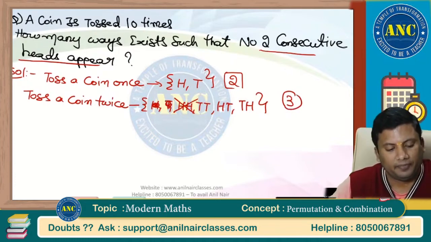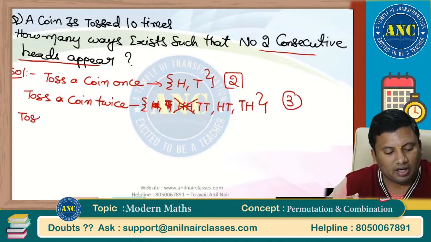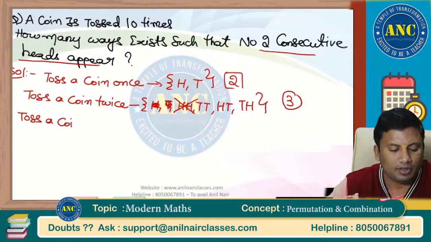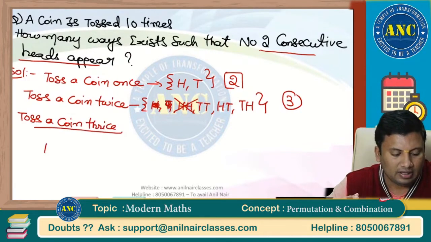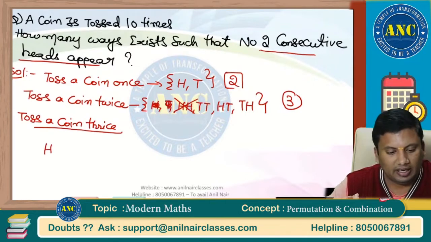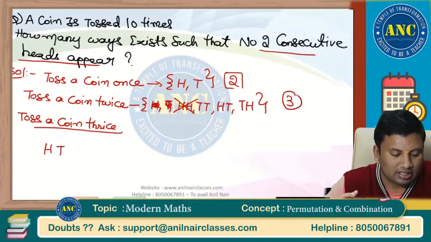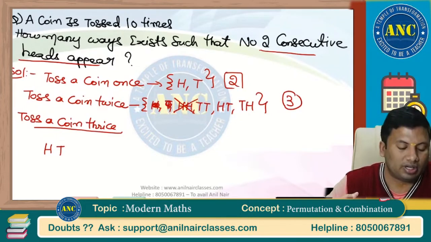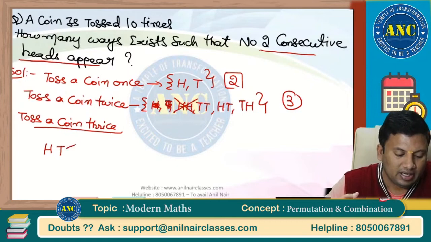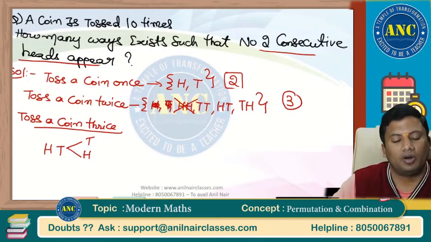Suppose if I toss a coin thrice. Now see here, if it is head, next it is tail, since no 2 consecutive heads appear. After h, t comes. With t, t can come, with t, h can come. Are you all with me?